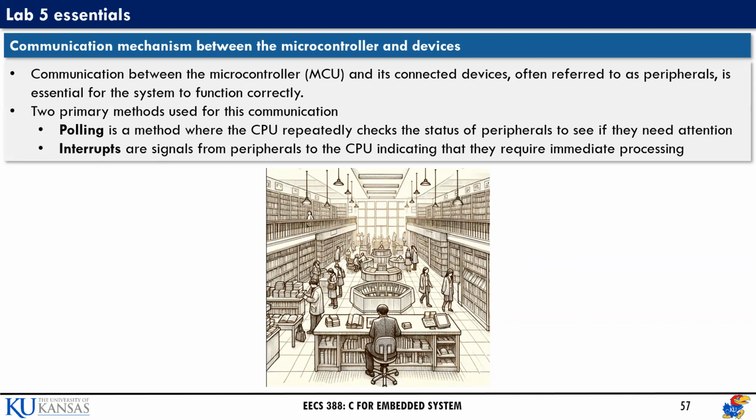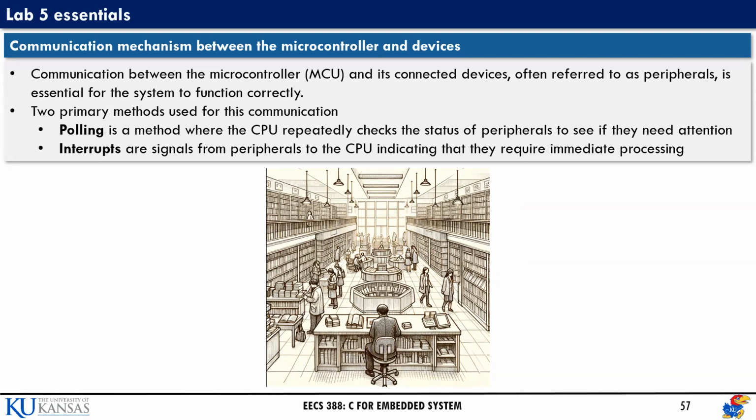Polling is a method where our CPU repeatedly checks the status of the peripherals, basically to see if they need any attention or not. For the interrupts method, interrupts are basically signals from peripherals to the CPU, indicating that they require some processing.